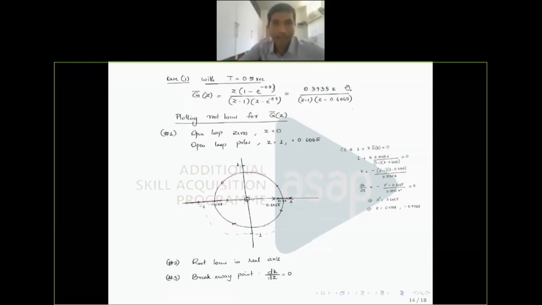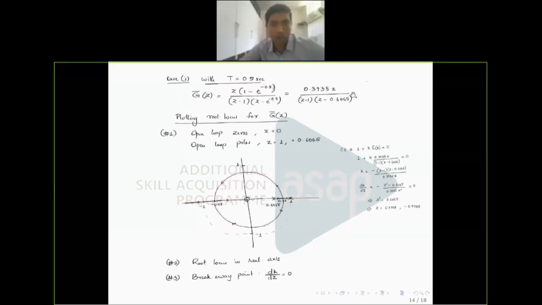So this is the open loop transfer function with which you need to plot the root locus. I have said that you just need the knowledge of the open loop transfer function to plot the root locus.